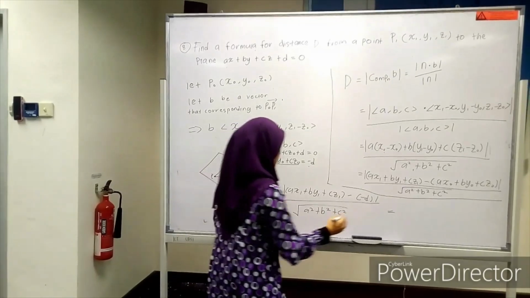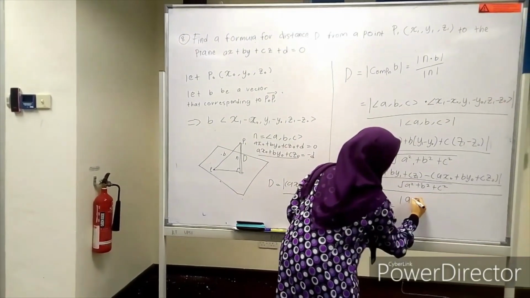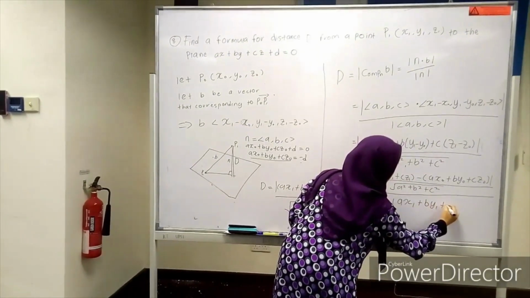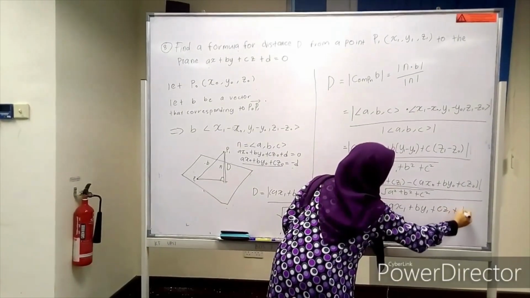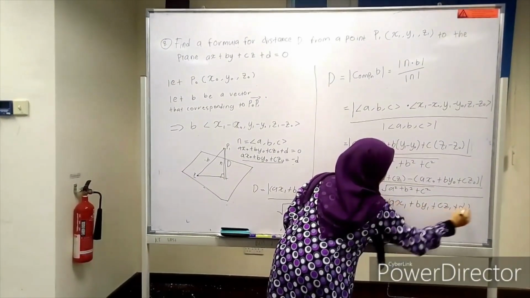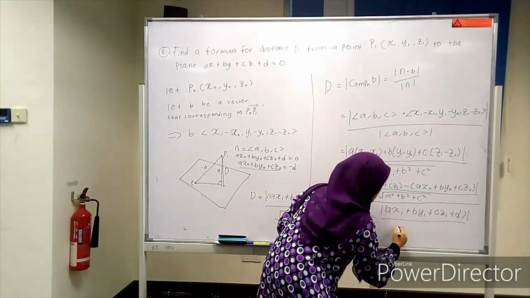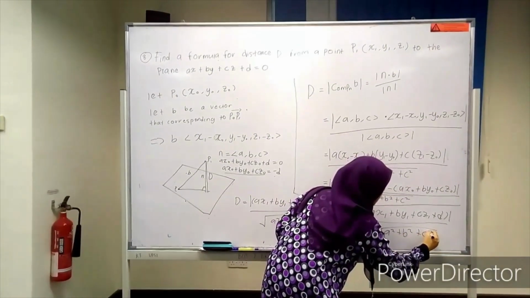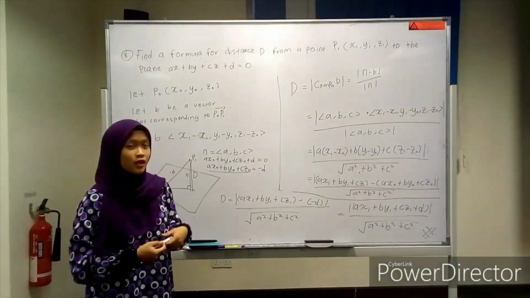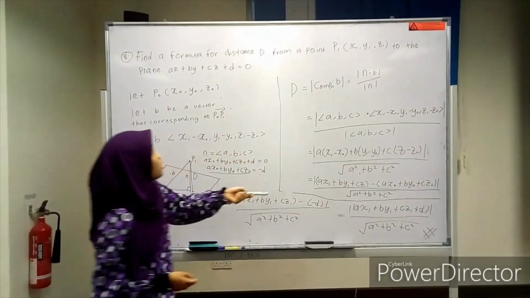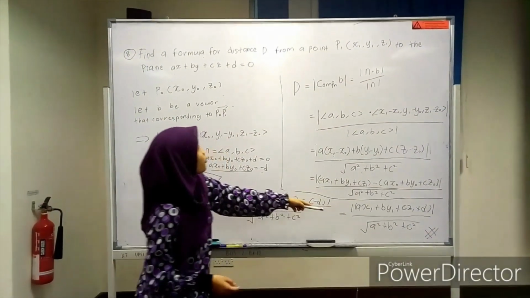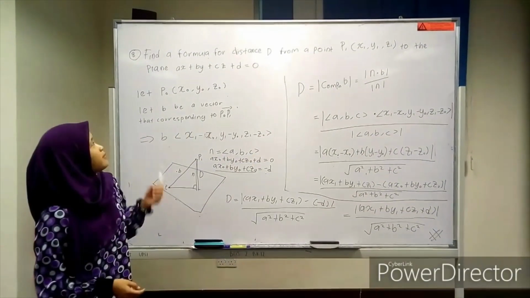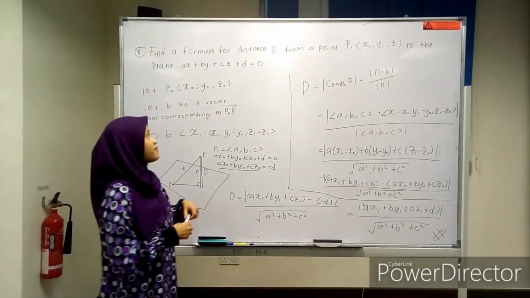We simplify, we get ax1 plus by1 plus cz1 plus d divided by square root a squared plus b squared plus c squared. So this is the formula for the distance d from point P1 coordinate x1, y1, z1 to the plane ax plus by plus cz plus d equal to 0.